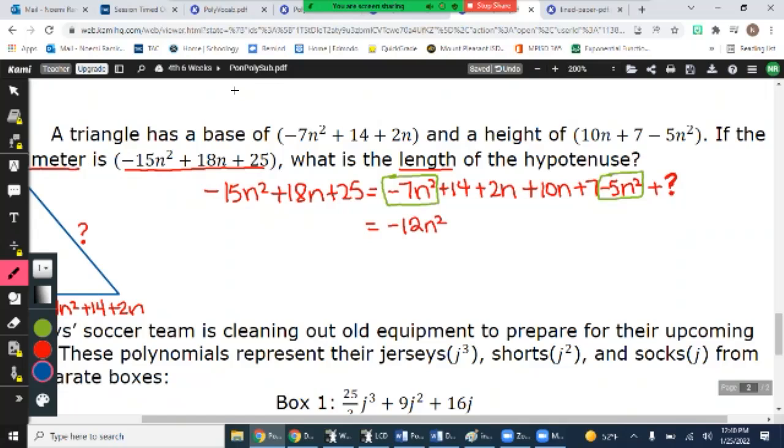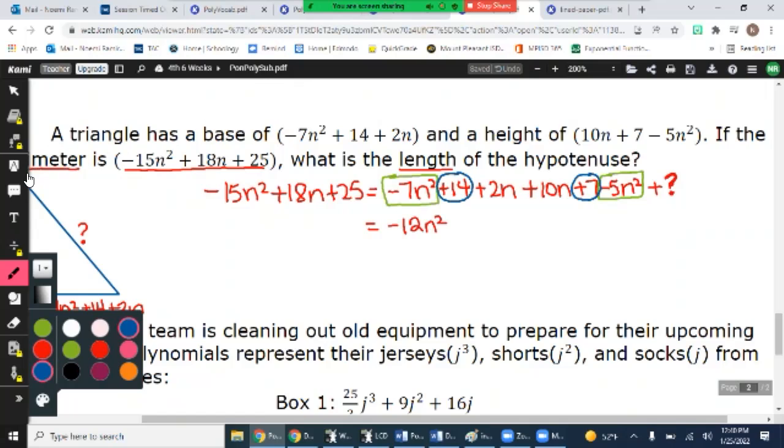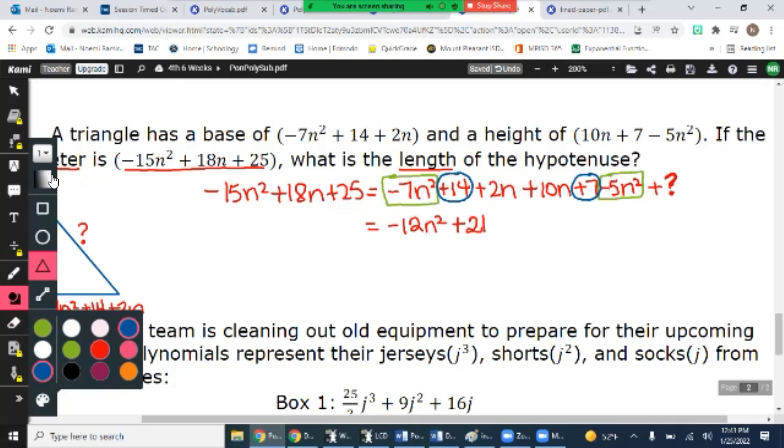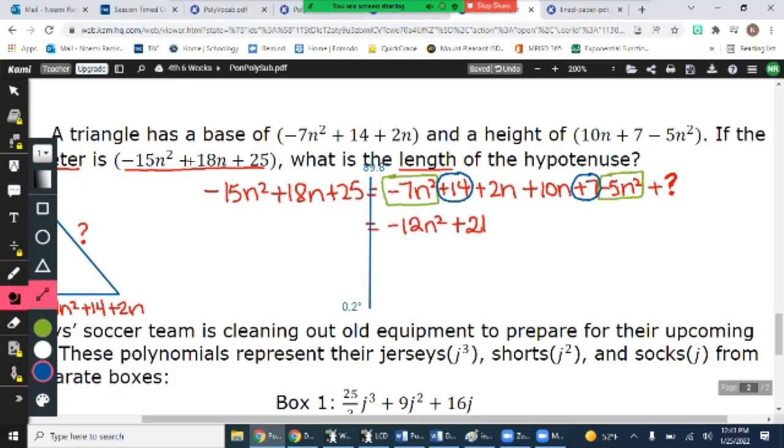What else can we combine? What can we combine with 14? A positive 7. And what is 14 plus 7? 21. Now, does everybody know why we're not combining it with the 25? It's on the other side. It's still on the other side of the equation, so I can't do anything yet.